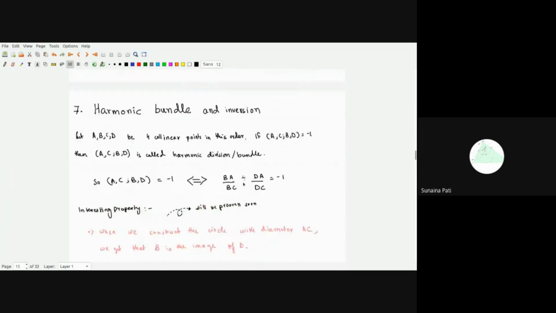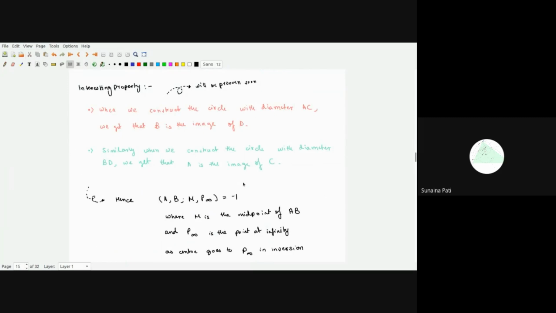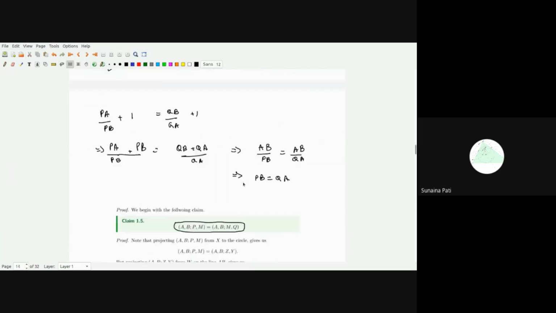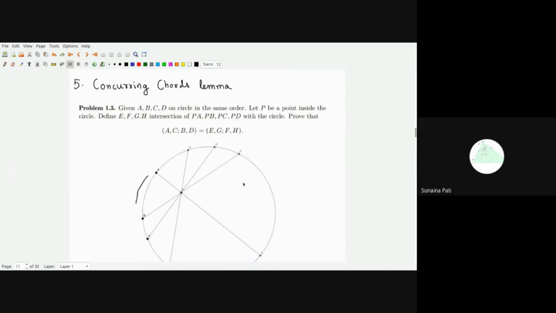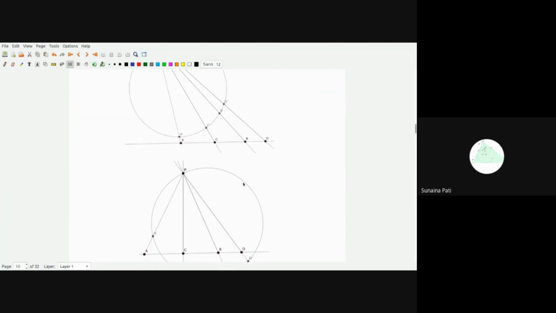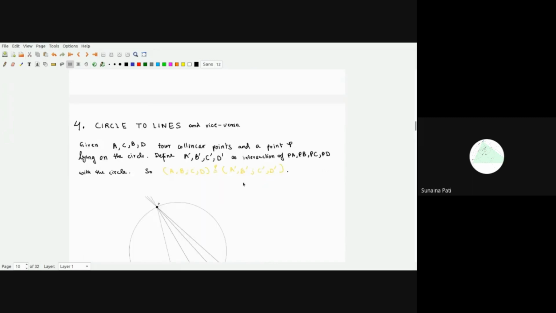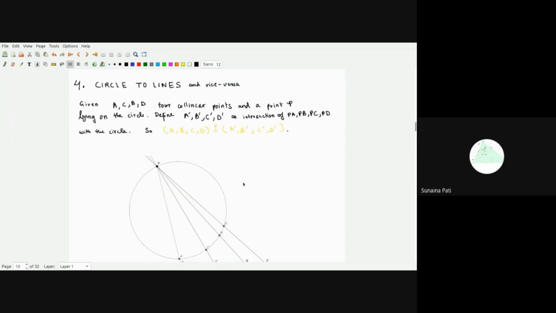So this was the harmonic quadrilateral. This was defining the harmonic bundle, and it's related to inversion, as pointed out by Manoj. And then we proved the butterfly theorem. We also proved the concurring chords lemma. Please don't forget this lemma. It's one of the most useful lemmas in the projective geometric aspect. We also saw projection from center to line and vice versa.